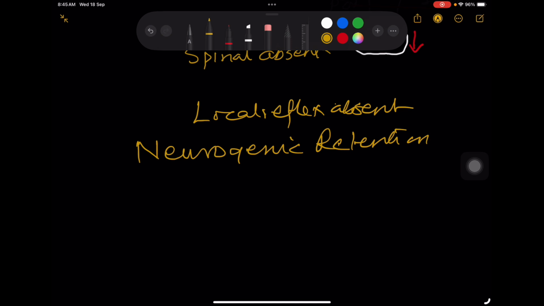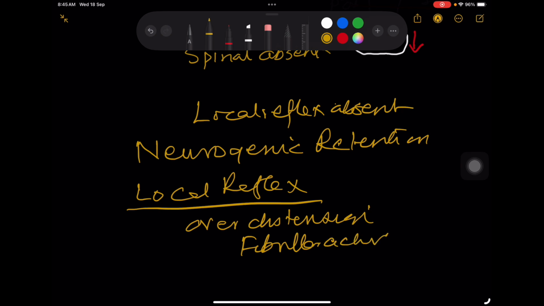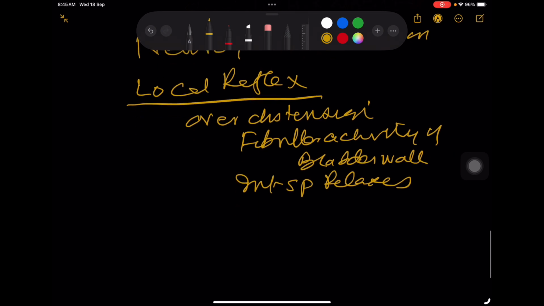Then the local reflex comes back, and then where there is over distension, there is fibrillar activity of the bladder wall. Internal sphincter relaxes and some urine passes in a dribble.